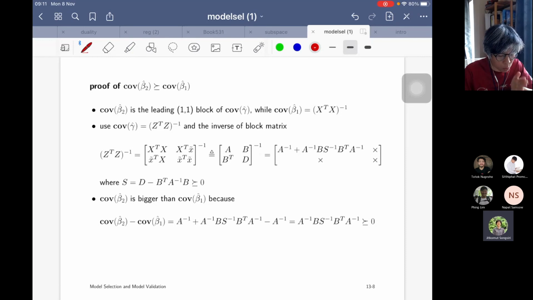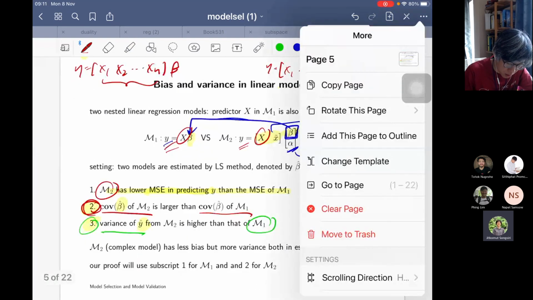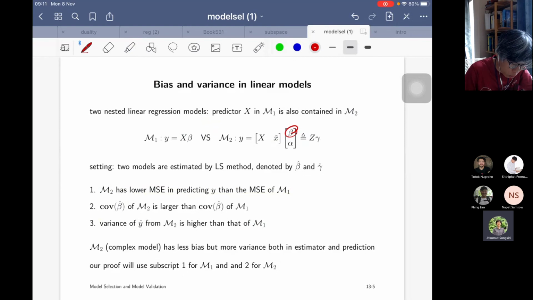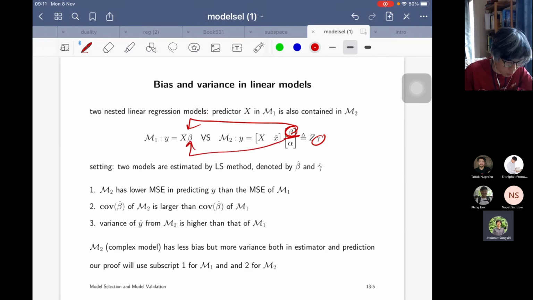Even though model 2 has a lower MSE, its estimator beta 2 has bigger covariance. Again, as I mentioned, we only compare beta. We don't compare gamma, the whole vector of regression coefficients, because M2 has more parameters than M1. We only compare the corresponding regression coefficients.